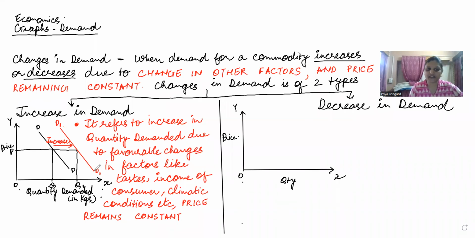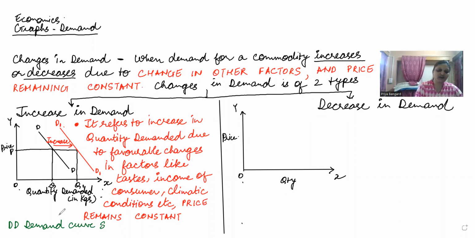So what you will write is: DD demand curve shifts to the right to D1 D1. Write down, children. DD demand curve, use the word shifts. Shift होता है increase decrease में, upward downward movement होता है expansion contraction में.